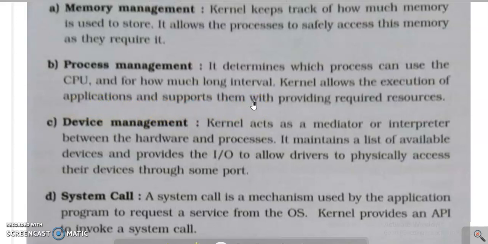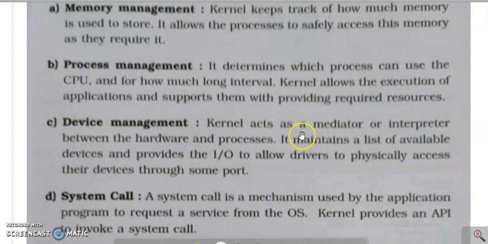So it also helps in process management. When it receives an input, it has to do the processing of that input and give us an output. And for processing also, it is managing everything for a computer, whatever is required for the processing of an input.